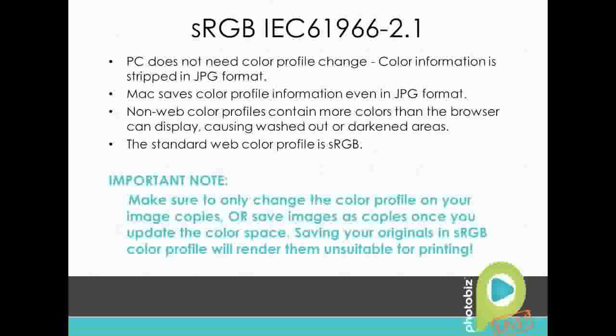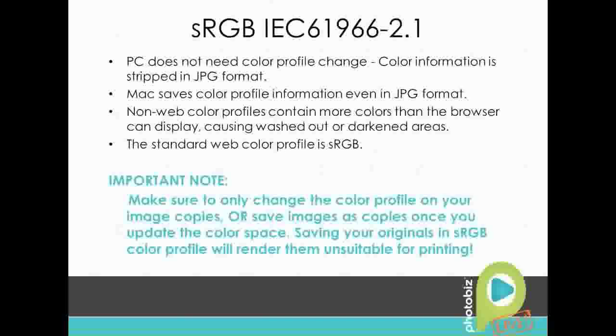So what you want to do is make sure that all of your images before you upload them are set to a standard web color profile of sRGB. Now there is a caveat here: make sure that you only change the color profile on your image copies, or save images as copies once you update the color space.